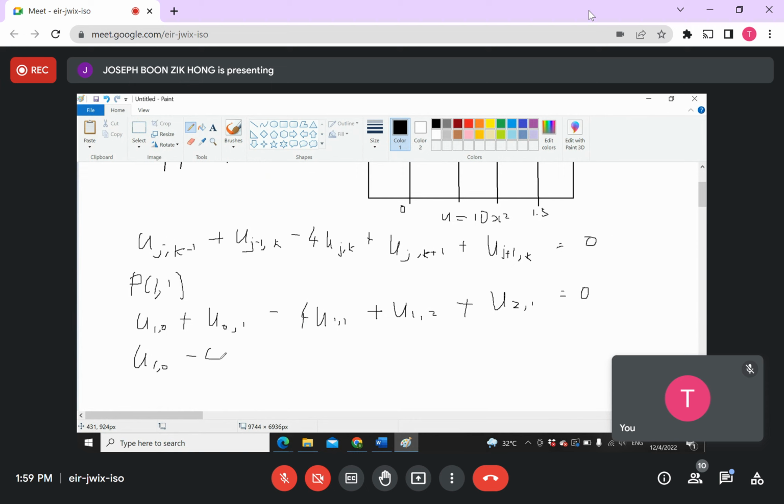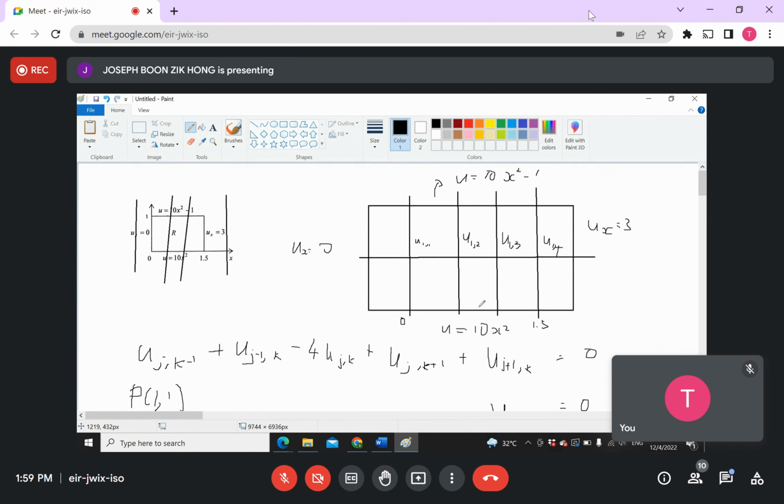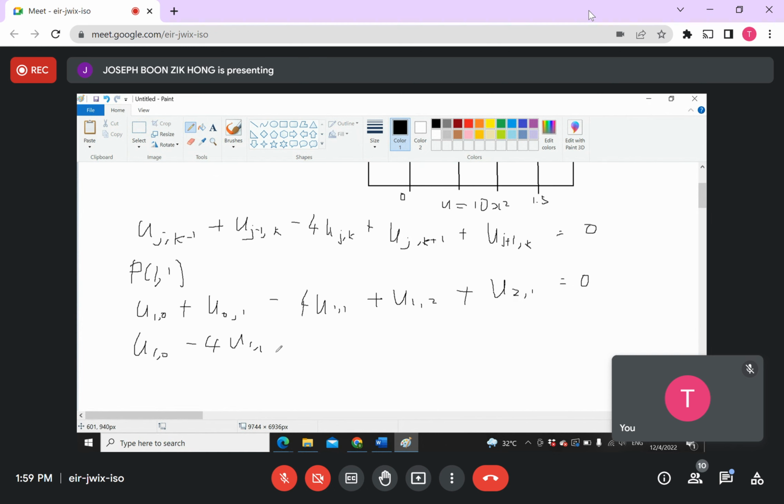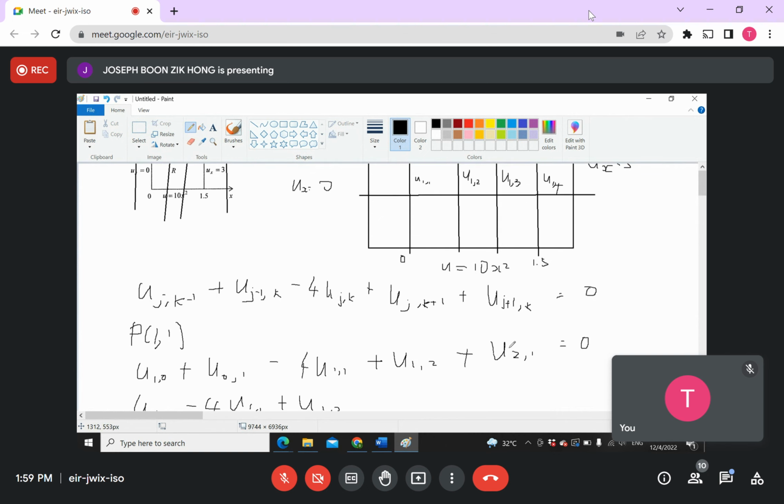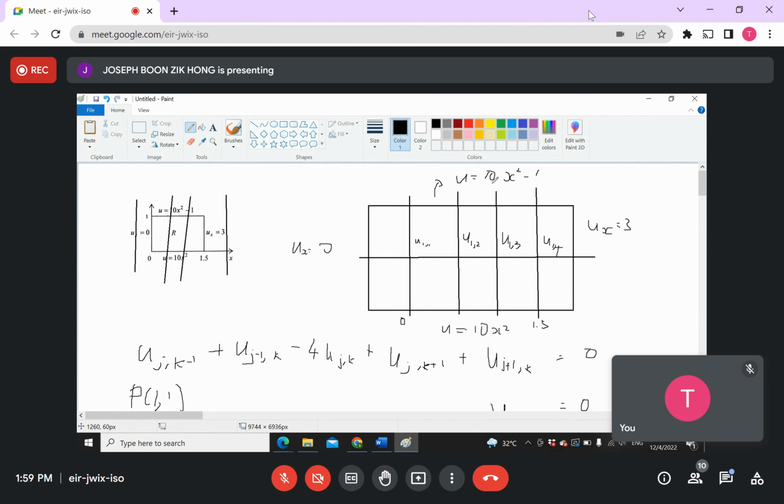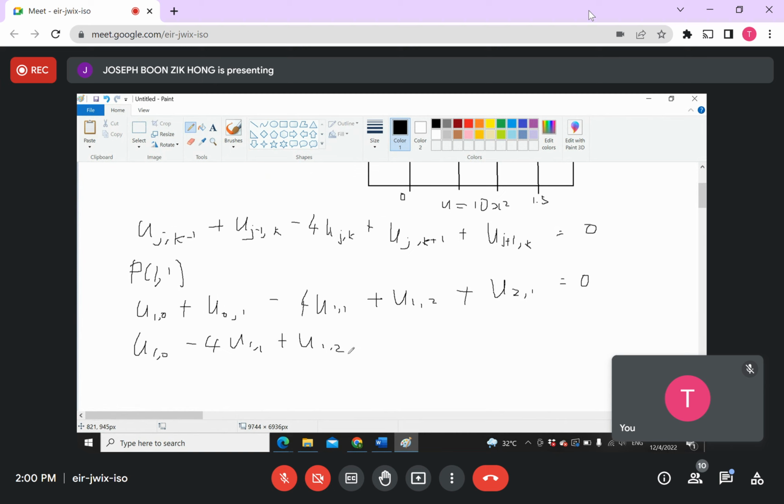And then minus 4U11. U11 I don't know. U12 is here, I don't know. And U21 is here. U21 I can follow this one. The x is 0, so I will have -1.